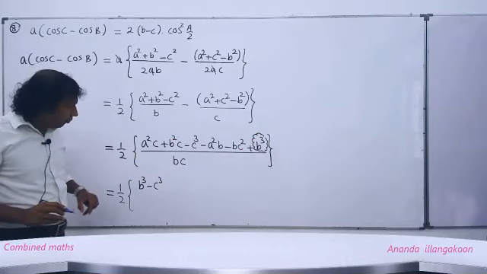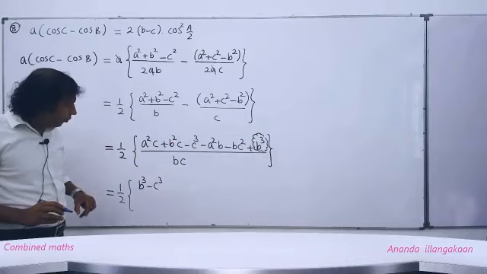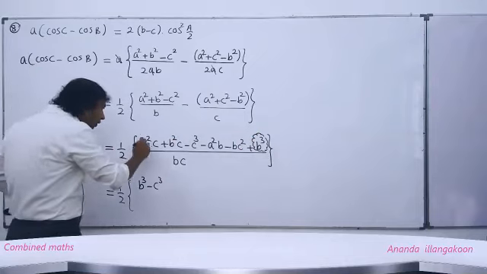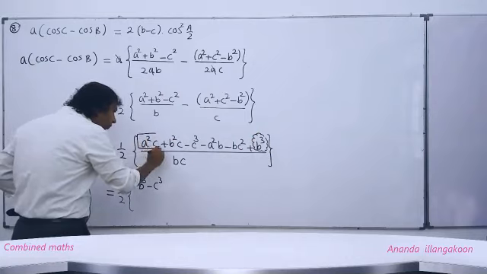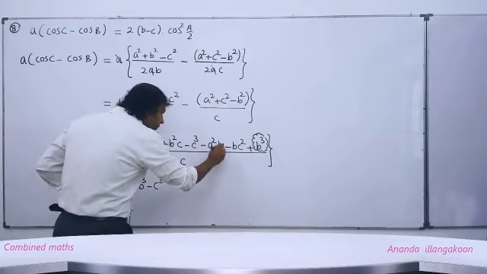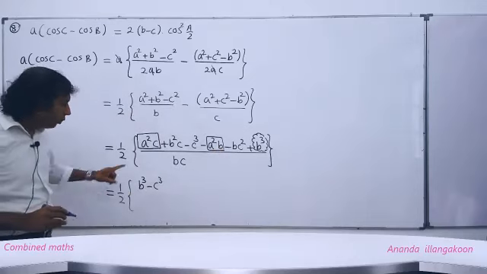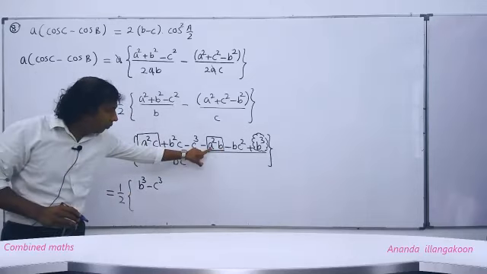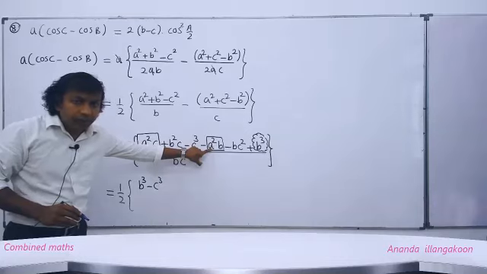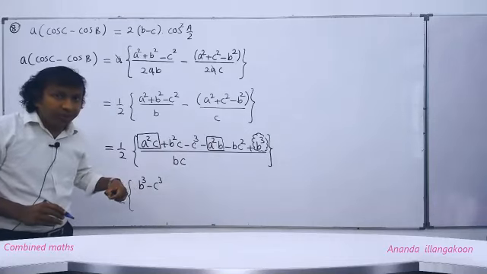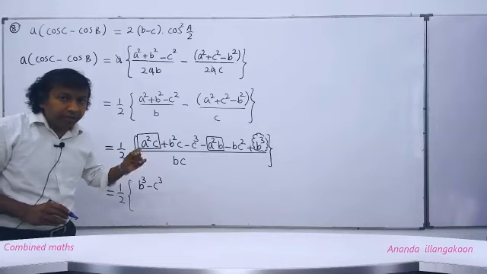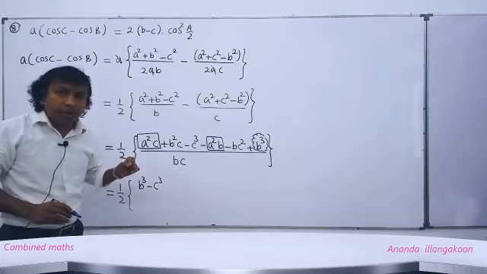Next one. Take this term and this term. From those two terms, you can take a squared out as a common factor. I take with minus sign A squared out as common factor.